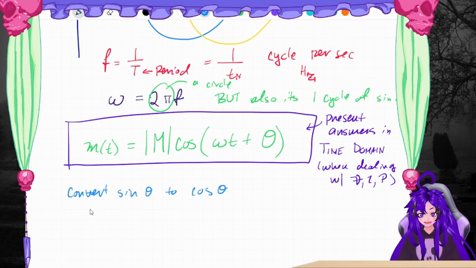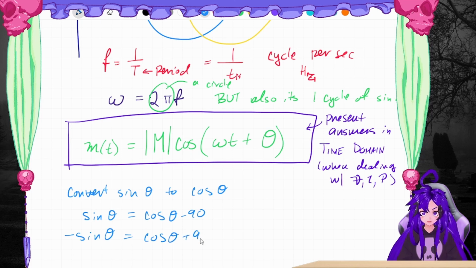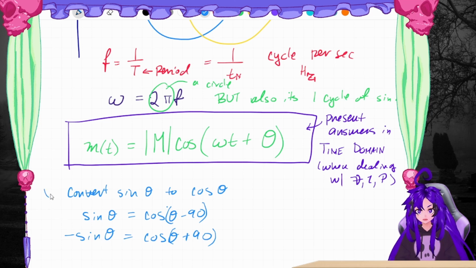So sine theta equals cosine of theta minus 90. So minus sine theta is cosine of theta plus 90. And it's like that. So that's also something you might want to have written down.